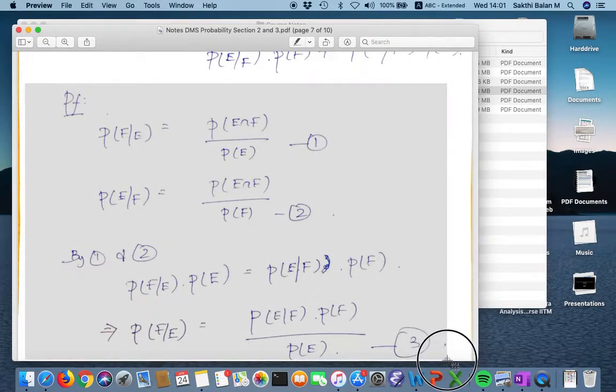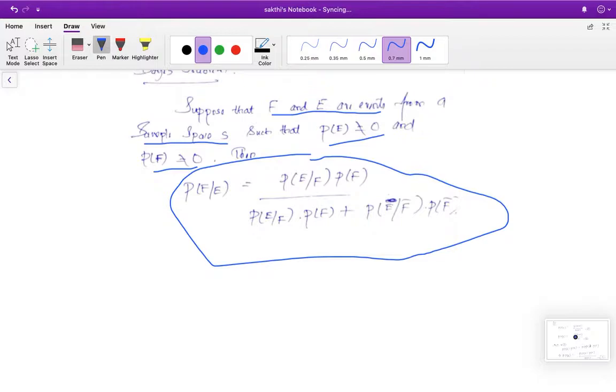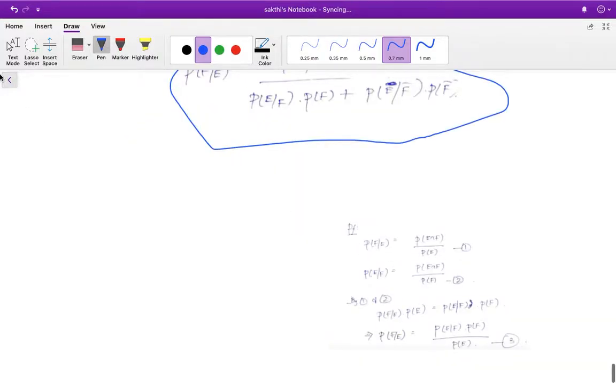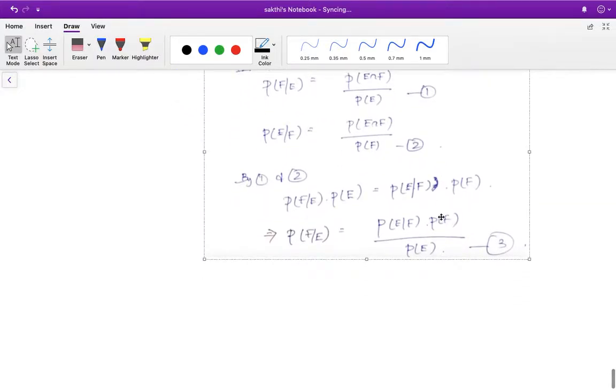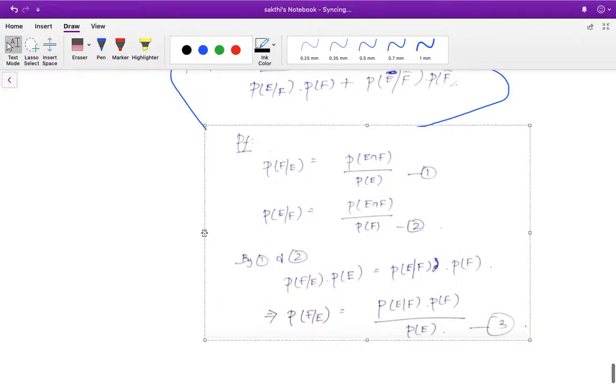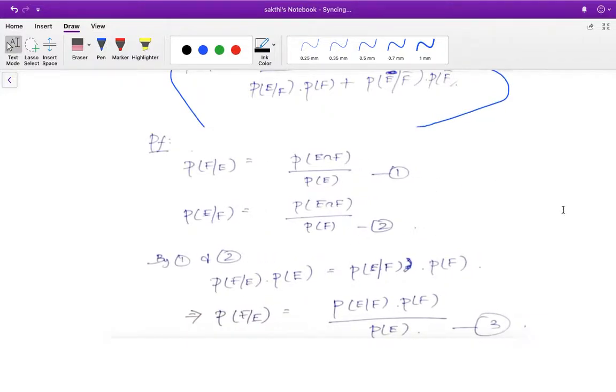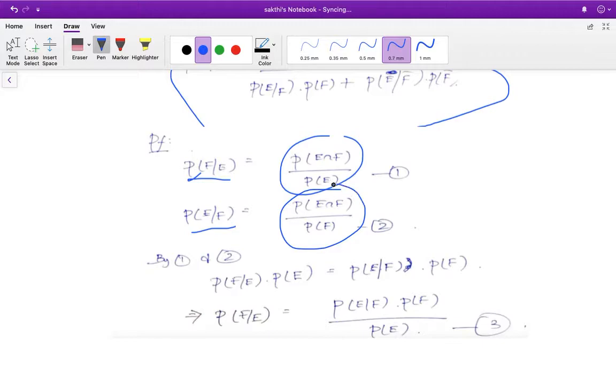So we know from today's class that P of F given E is given by P of E intersection F divided by P of E. And likewise, if you interchange E and F, then you will get this. So P of F given E is this, and P of E given F is this.